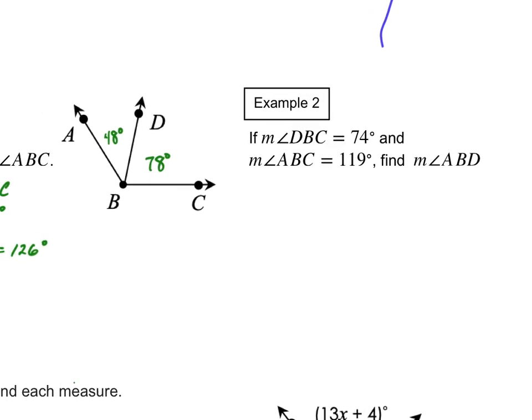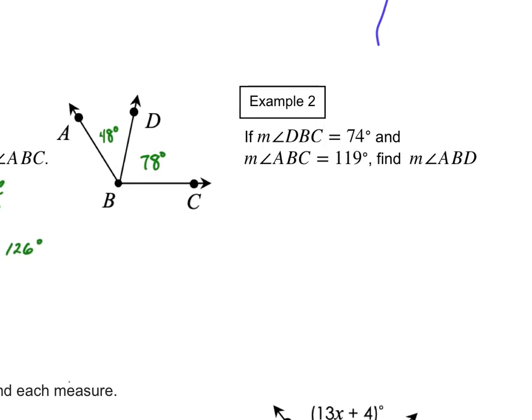Okay, well, what we can do, it looks like we're using the same letters. So if I have, let me see, the measure of DBC. If this is D, this is B, and this is C, that's 74 degrees. And then it tells me that ABC, well, A is out here somewhere. I guess it doesn't mean that it's a straight line though, huh?